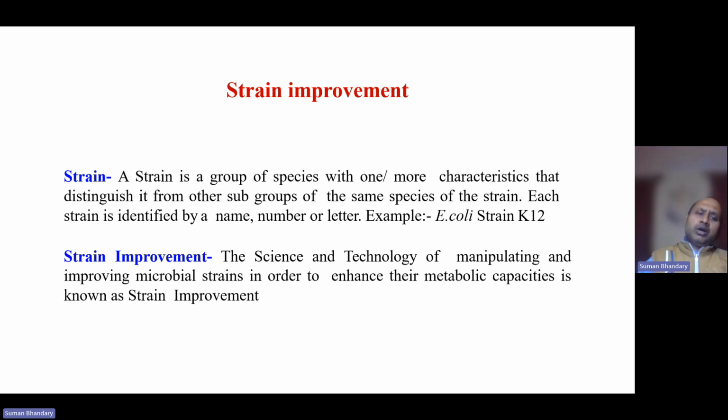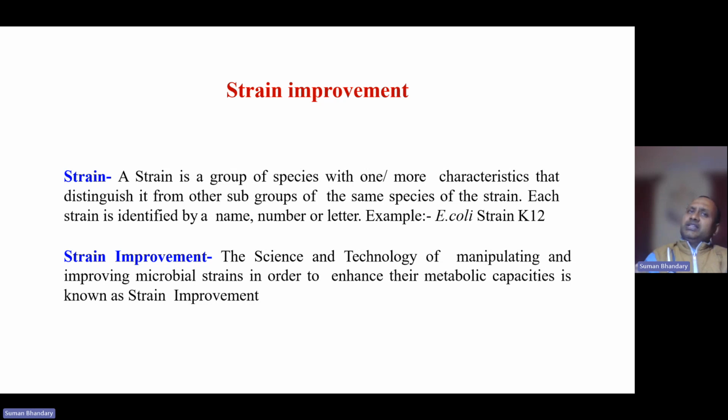One of the example of a particular strain, that is E. coli strain K12. Now, we need to address the key points about a microbial strain. Means a microbial strain must include what type of characteristics.